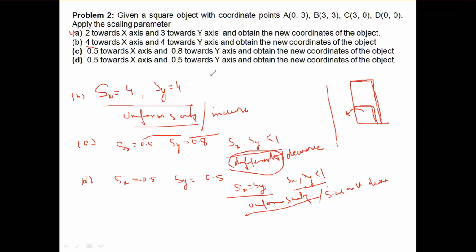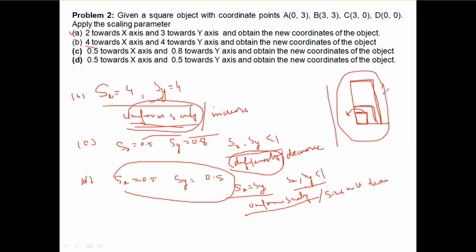When we scale in a proportionate manner, that is uniform scaling, the size will reduce but the square will remain a square, whether we are decreasing or increasing the size. When we perform differential scaling, the object may acquire a different shape while performing the scaling.